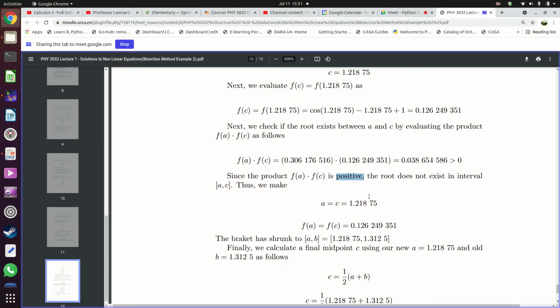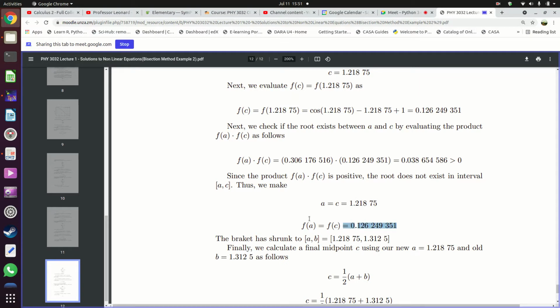So our function hasn't crossed the x-axis between a and c. If the function has not crossed the x-axis between a and c, then we make a become c. That's what we're doing here: a equals c equals 1.21875, and we make our f of c become f of a.